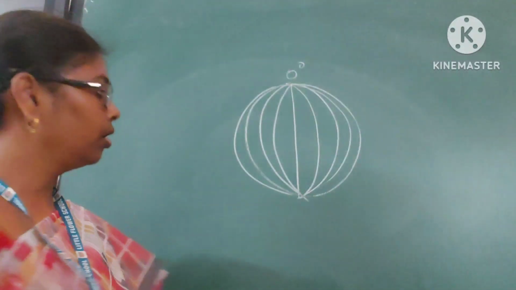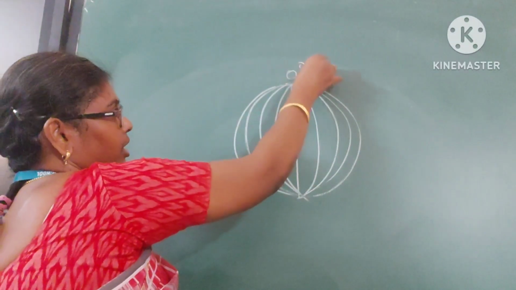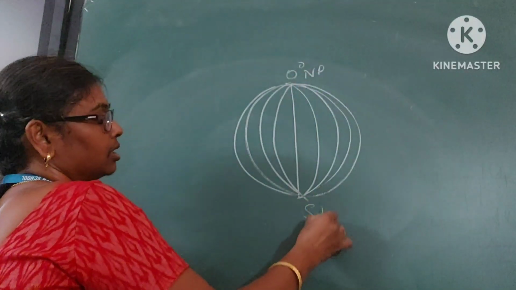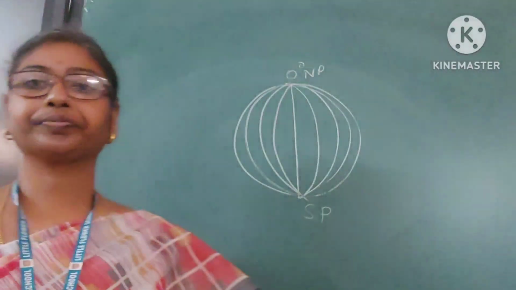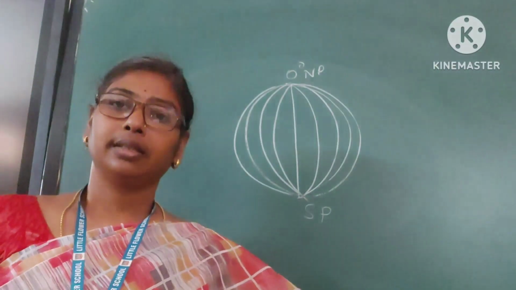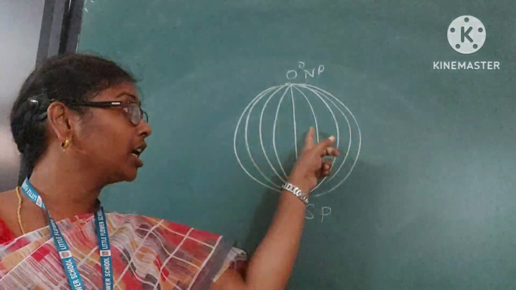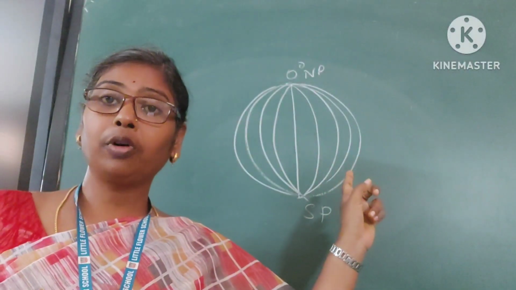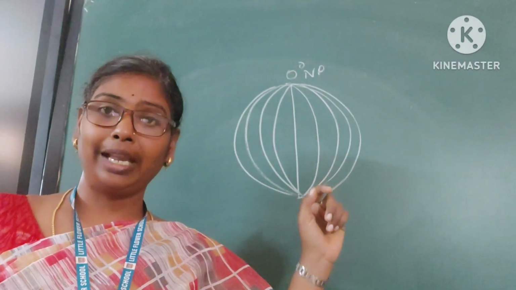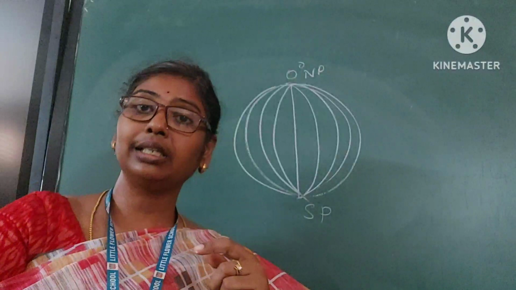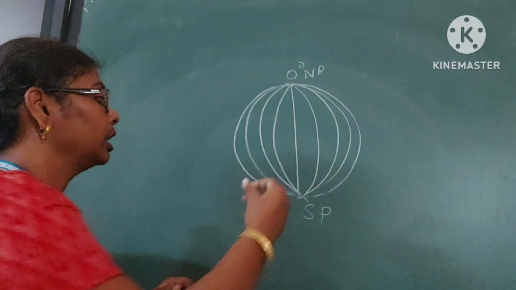So this is the North Pole and this is the South Pole. In fact, there are full circles which are drawn to either side.